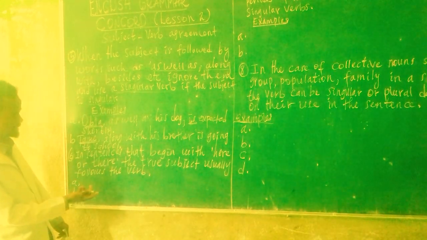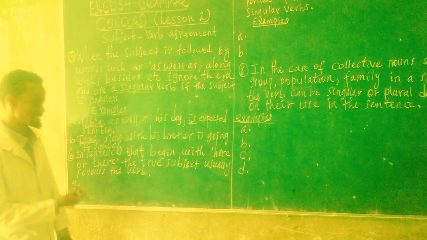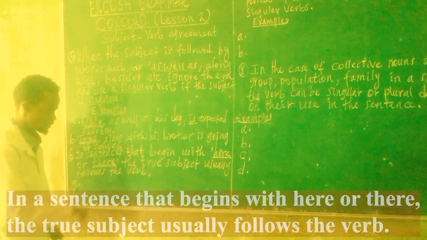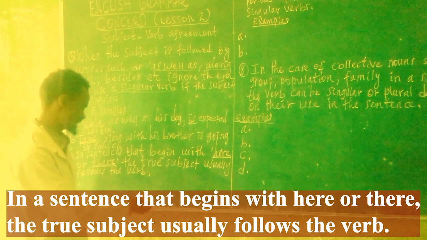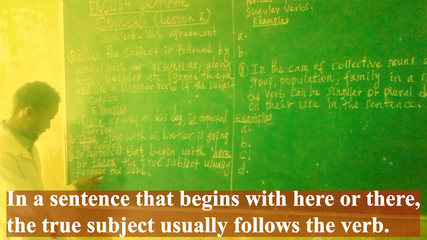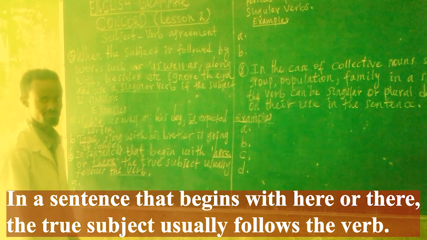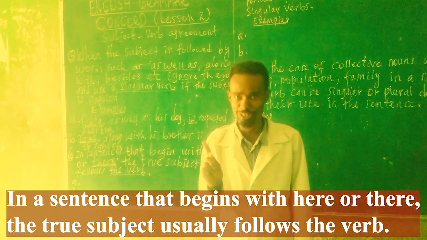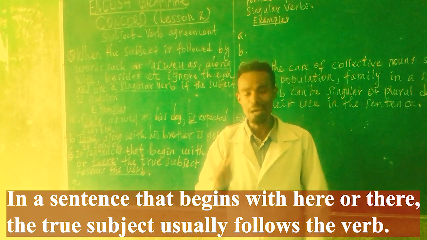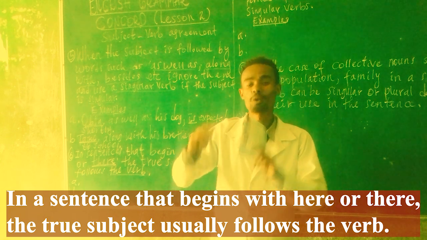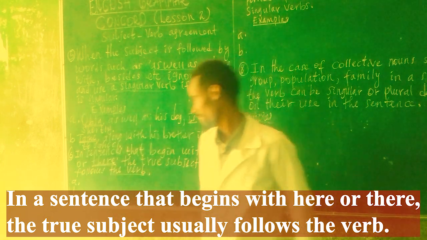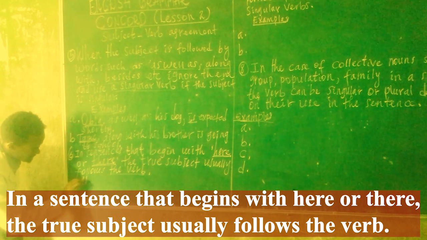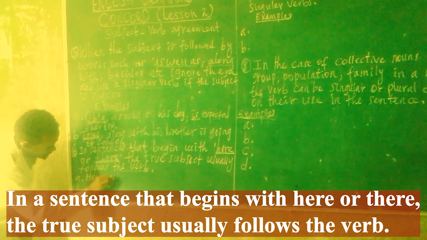And the 6th rule is about sentences that begin with here or there. In sentences that begin with here or there, the true subject usually follows the verb. That means here and there are not the subject. The subjects are the words next to the verb. Let's see an example.